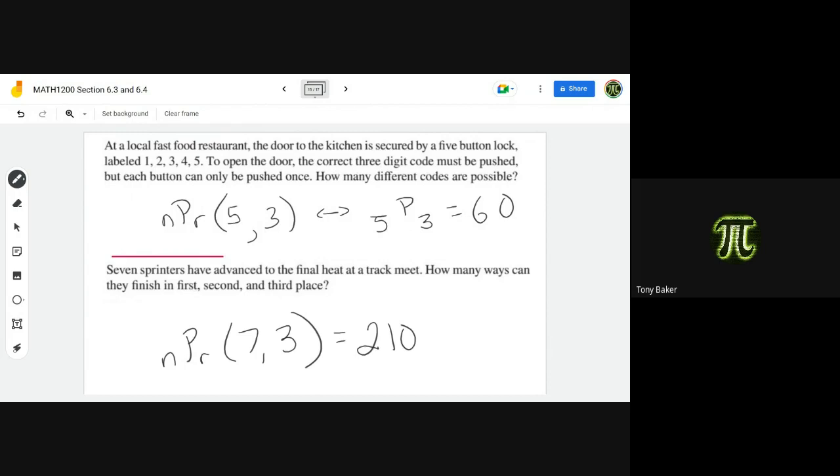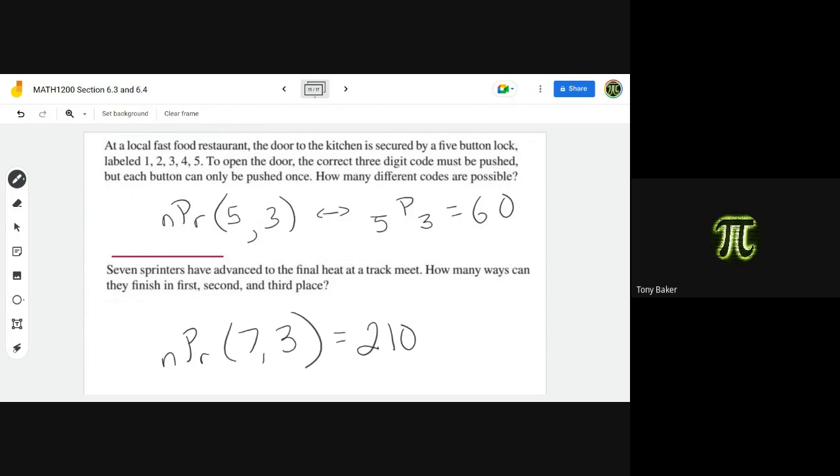Try this on whatever calculator you plan on using to make sure you can get 210. Because if you don't, then I have to show you how to use your calculator, which is fine. Totally can do that. That seems like a really big number.